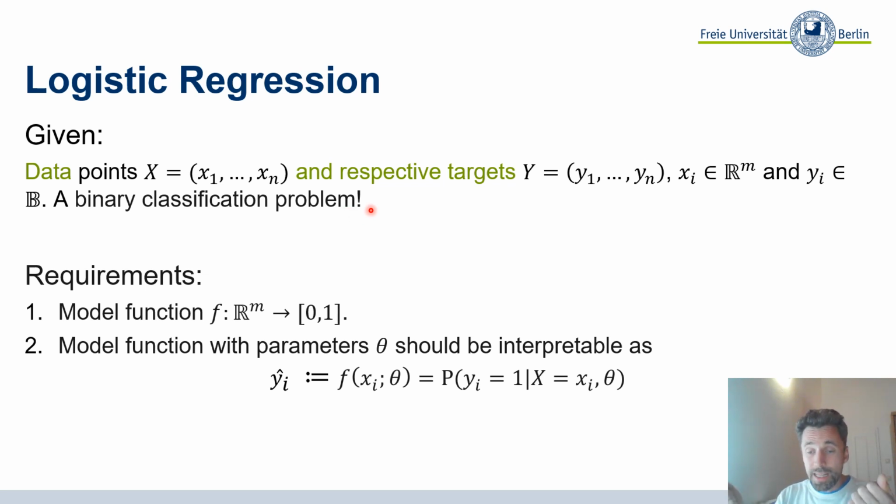We have two classes between which our model should discriminate. And in the following, we will model this as a function that maps m-dimensional vectors to a continuum of outputs between 0 and 1. So this could be interpreted as the probability of the input belonging to class 1.